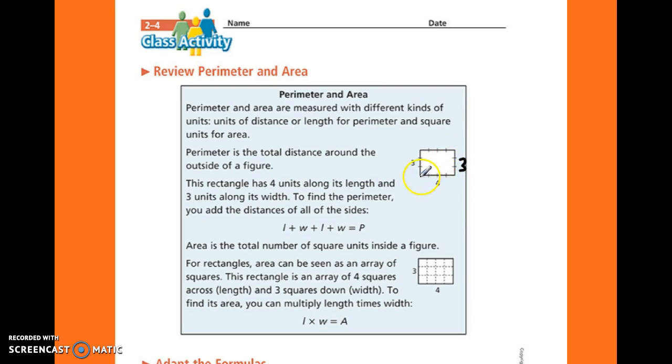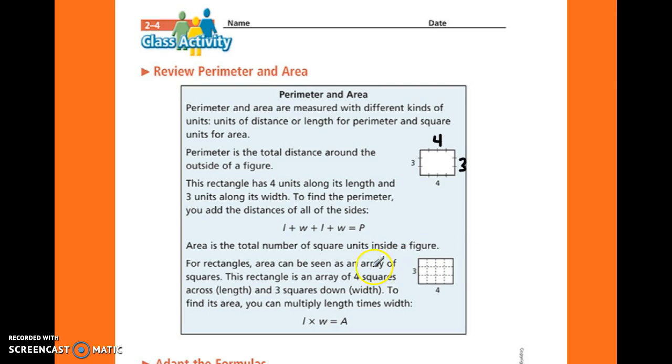And since this is 4, then we know this is 4, and we're going to add all of the sides together. So 4 plus 3 is 7, plus 4 more is 11, plus 3 more is 14. So the perimeter around that rectangle is 14 units. Right now we don't know what units they are.